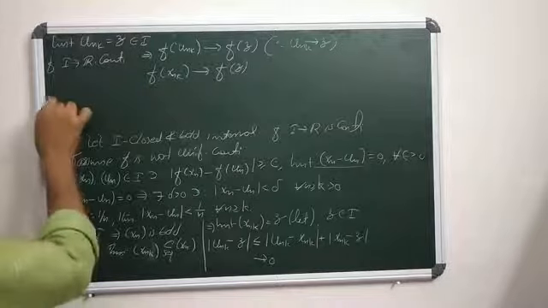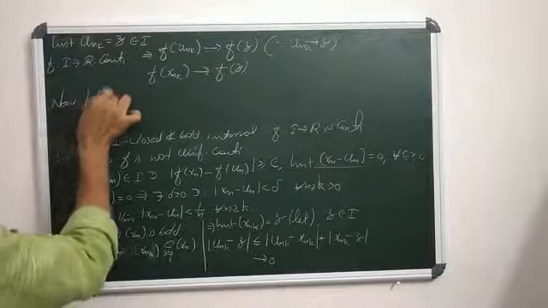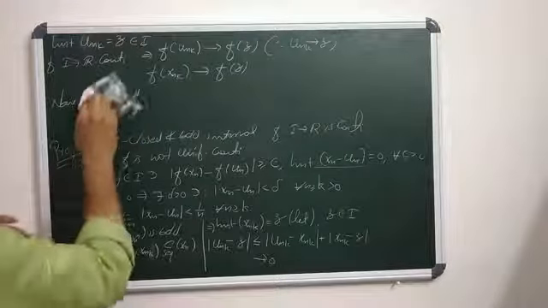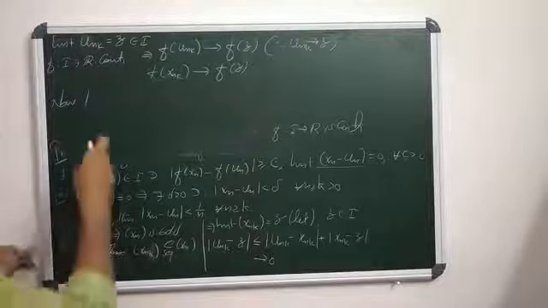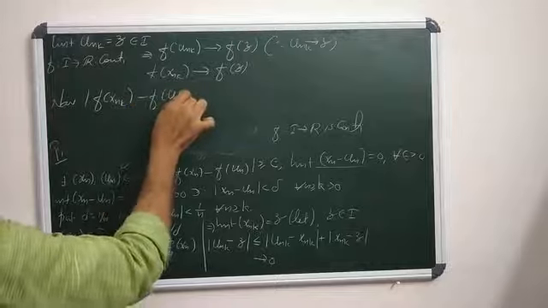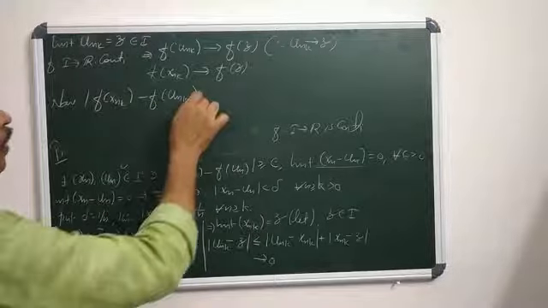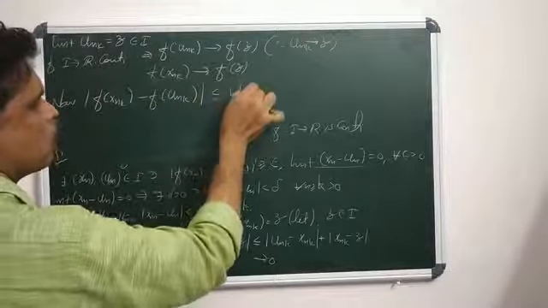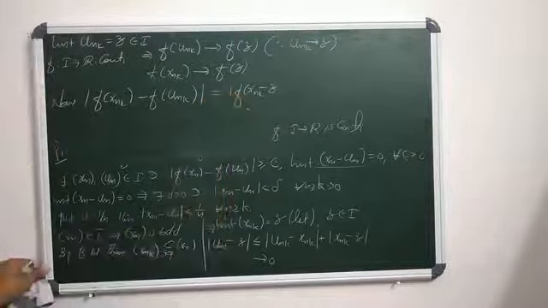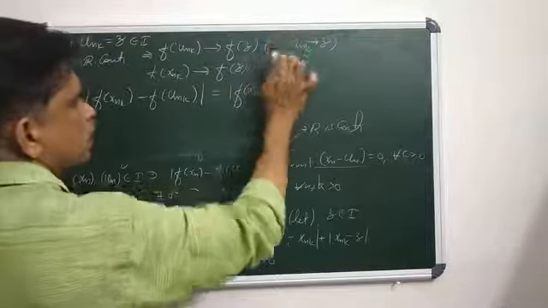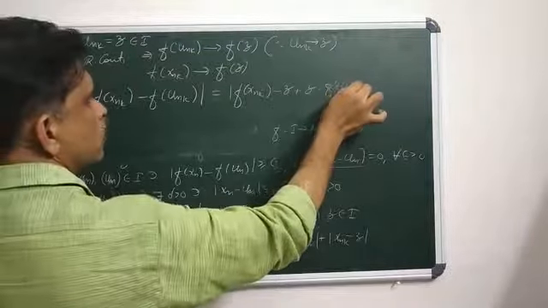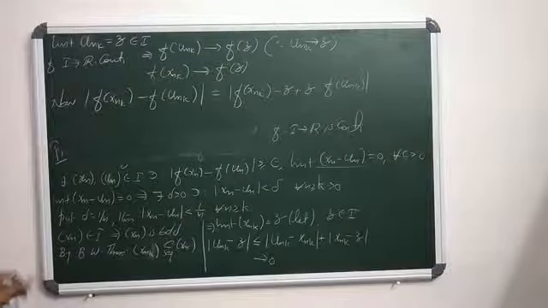Now, what about the modulus of f of x_nk minus f of u_nk? What is it? It is equal to the modulus of f of x_nk minus f of z plus f of z minus f of u_nk.